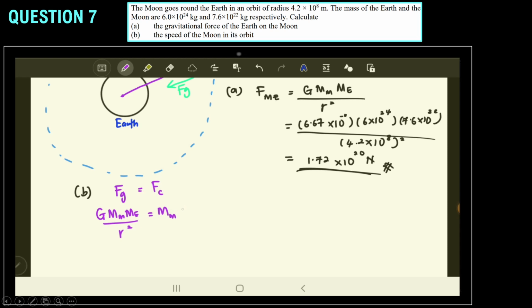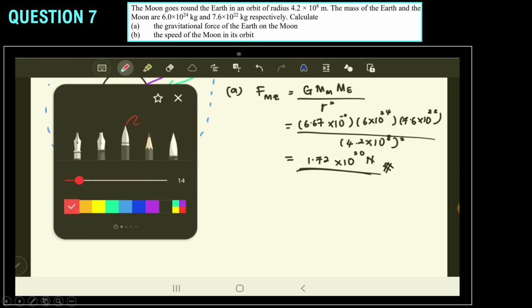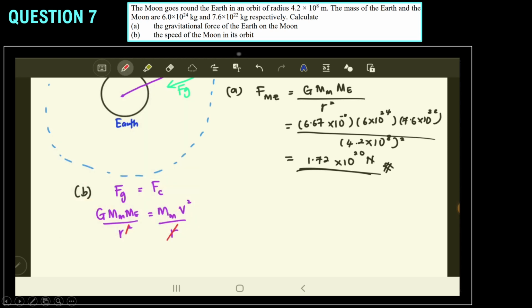So it is equal to m v squared over r. So you can cancel out r and the mass of the moon, therefore you can find v, where v is equal to the square root of G M E over r.